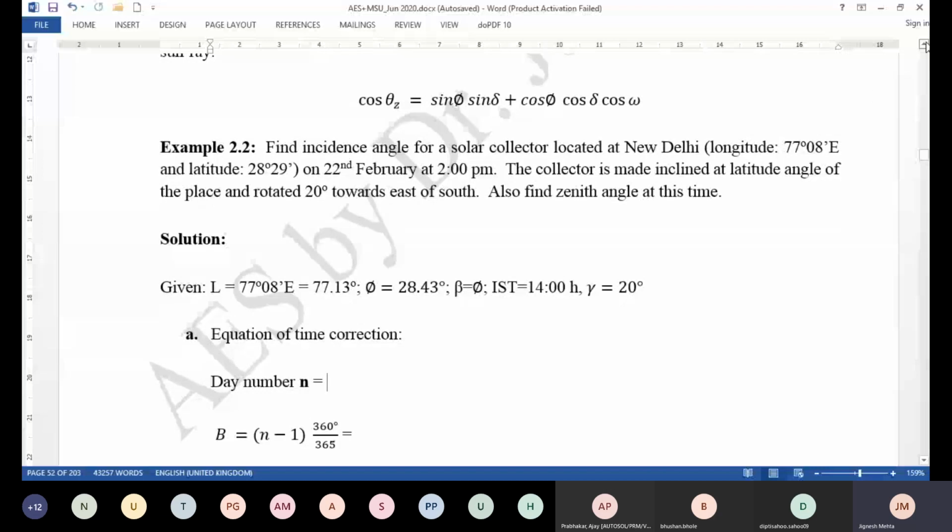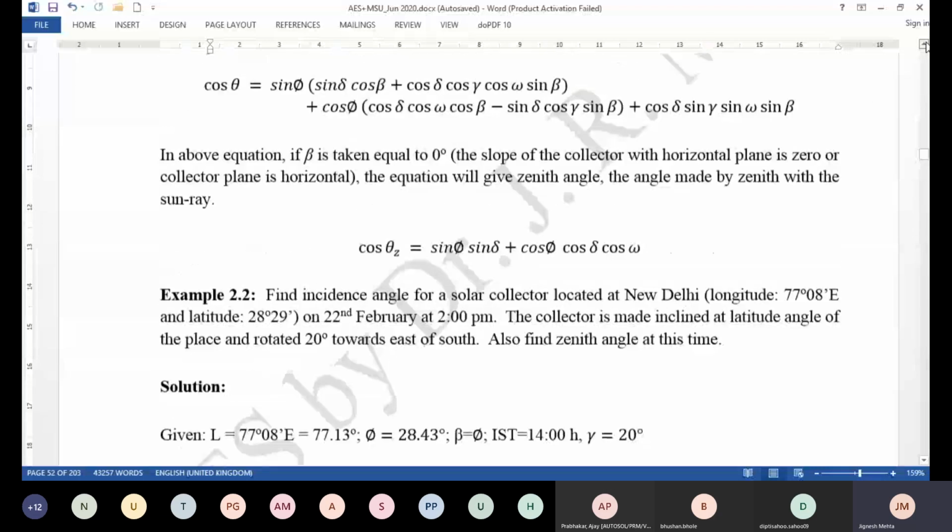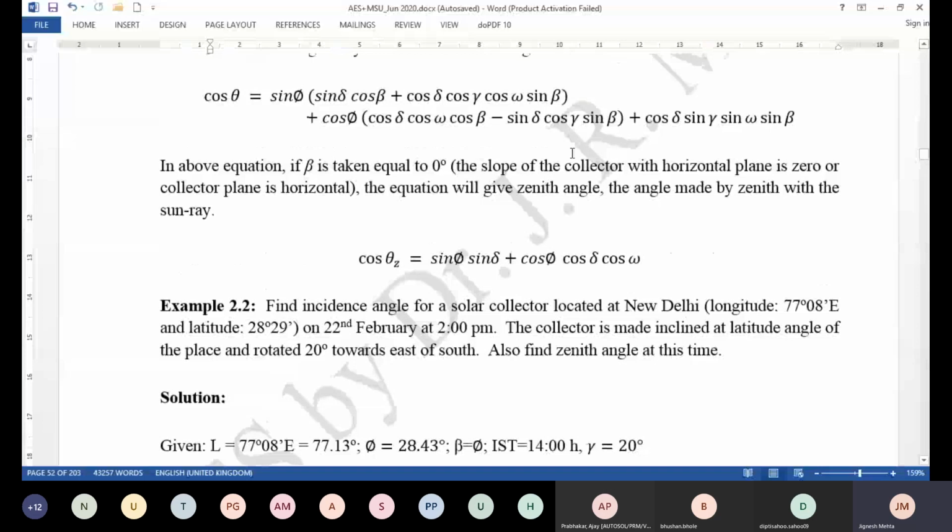That is cos theta. Now why have I written theta z here? Because when you are saying that beta is equal to 0, you are talking about radiation on a horizontal surface.